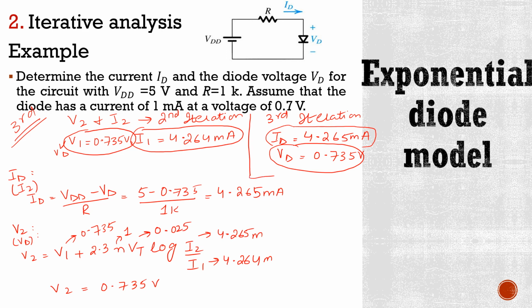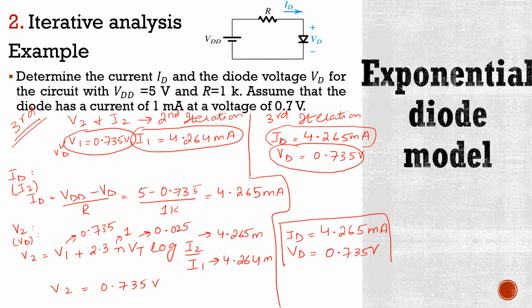So no further iterations are necessary, and the final values of ID and VD will be 4.265 milliamperes and 0.735 volts. So this is how you are going to find unknown quantities, that is diode voltage and diode current, using iterative analysis.